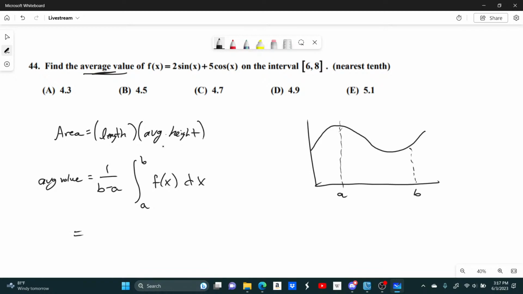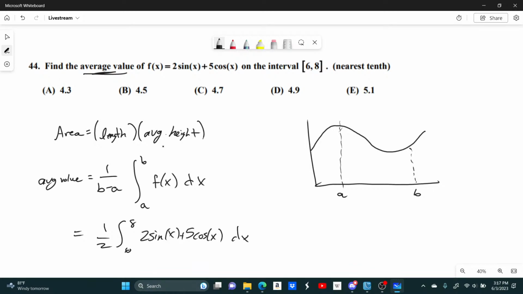So in this case, our interval is from 6 to 8, so the length is just 2. Then it's the integral from 6 to 8 of 2 sine x plus 5 cosine x. And I'm just gonna type this in. So 2 sine x.